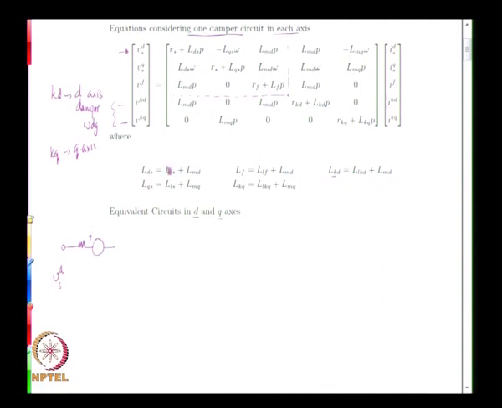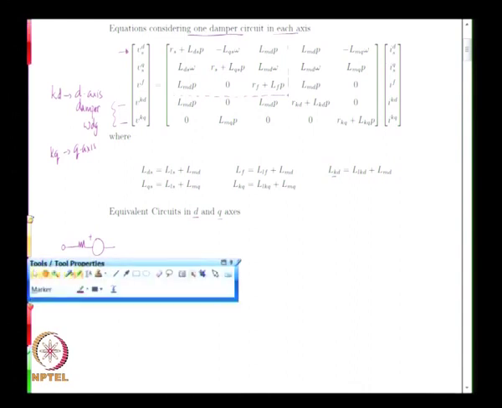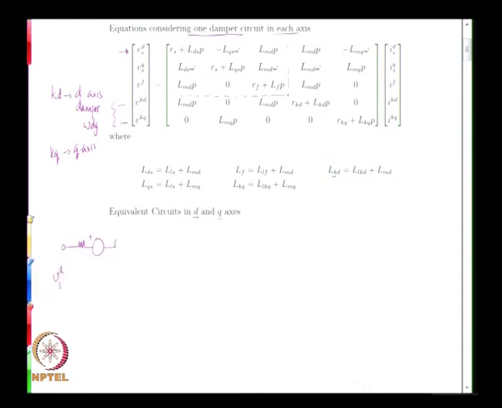Lds in turn consists of a leakage inductance plus magnetizing inductance, and therefore, we can write this as a leakage inductance and a magnetizing inductance. So, this is Lls and this is Lmd, this is Rs, and the EMF source, as we have said, is a controlled voltage source controlled by flow of currents in the q axis.